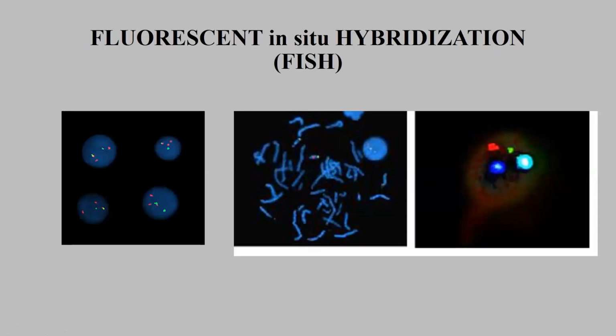Another method is fluorescent microscopy, fluorescent in situ hybridization. In case some gene is amplified, it has an increased copy number, we use this method for verification of this increase in genetic copy.